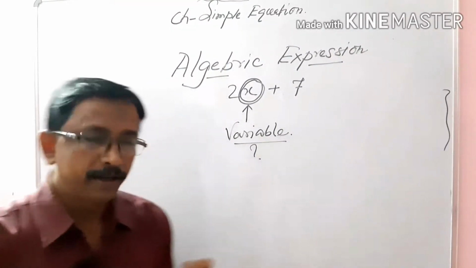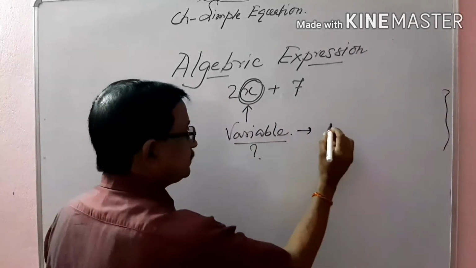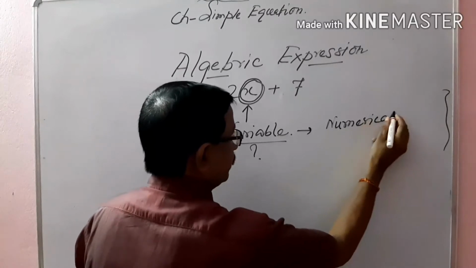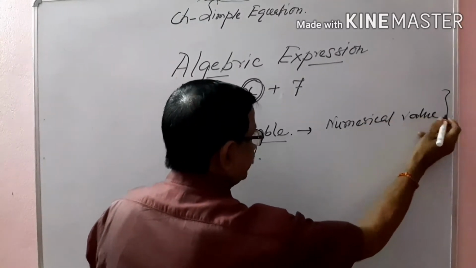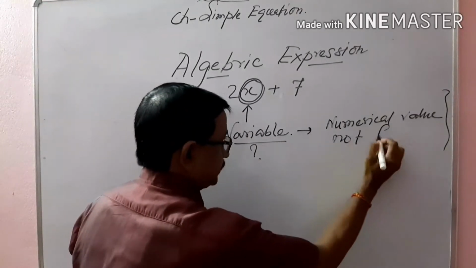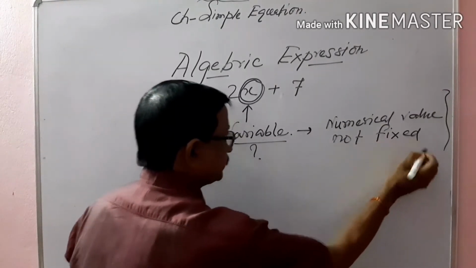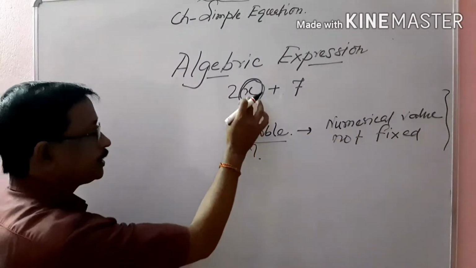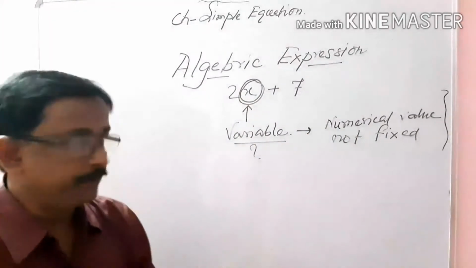A variable means it has a numerical value, but that value is not fixed. Once a number is not fixed, in that case we consider it a variable.